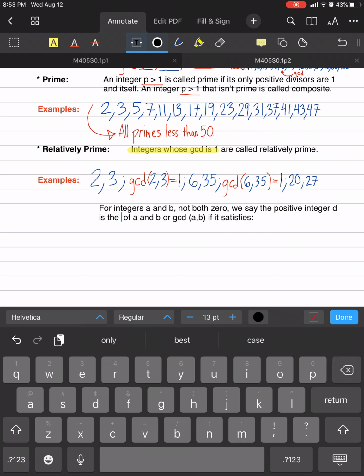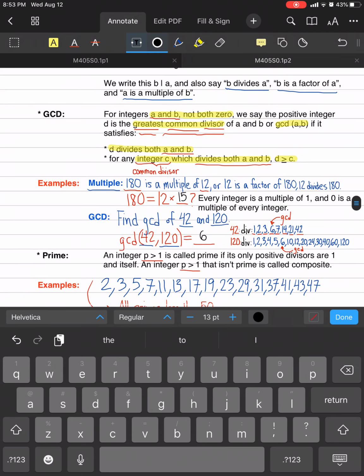And because it's similar to the GCD definition, you might almost already guess what it is. It's the least common multiple. I'm not going to call it D this time, I'm going to call it M. It's the least common multiple. It's going to satisfy two statements again.